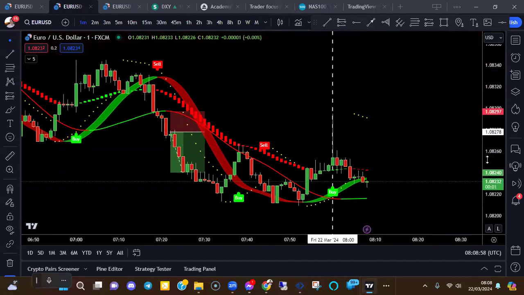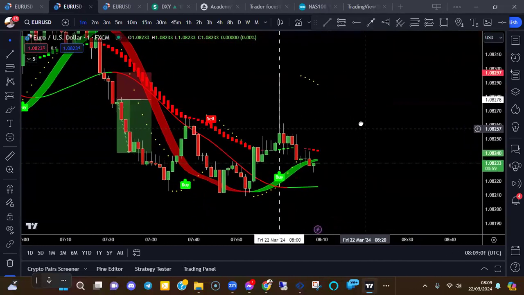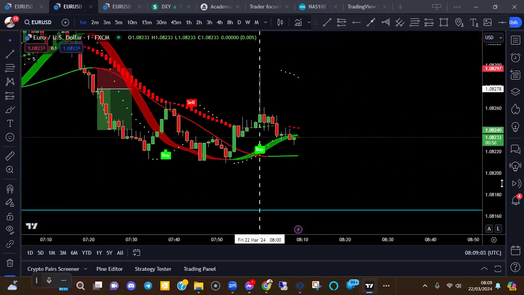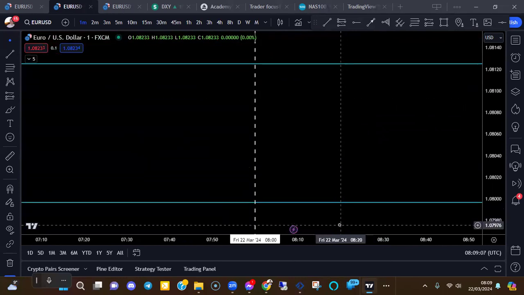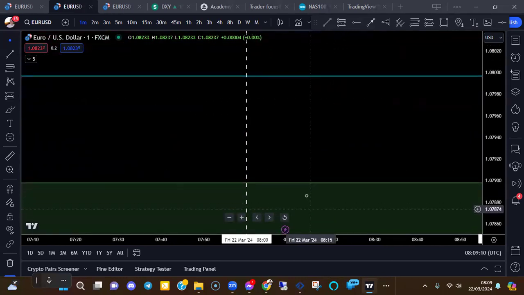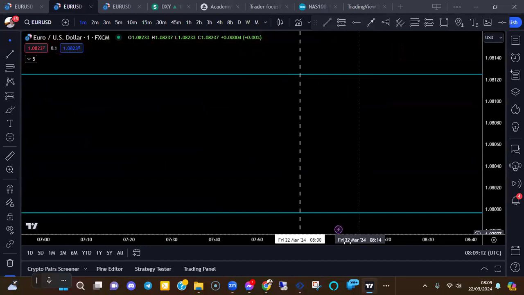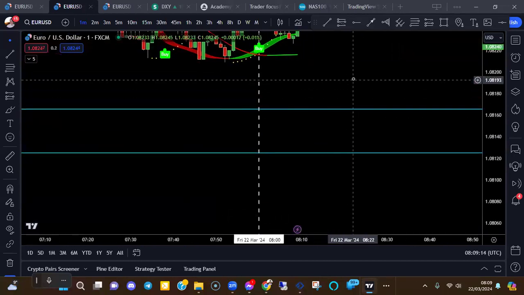Price is going to do what it's going to do, and if the powers that be want to take it down here, they certainly will. But they've got a long way to find that imbalance, which they might do later on today.